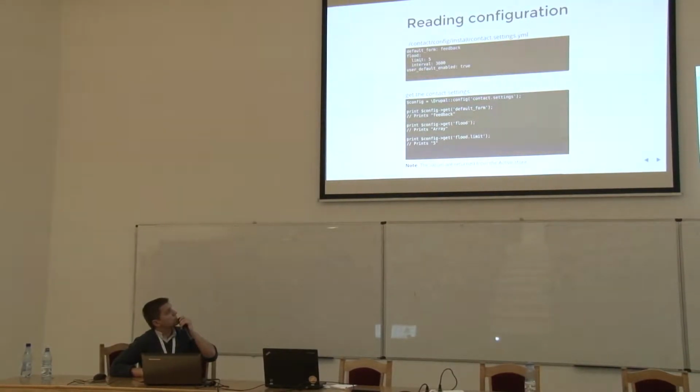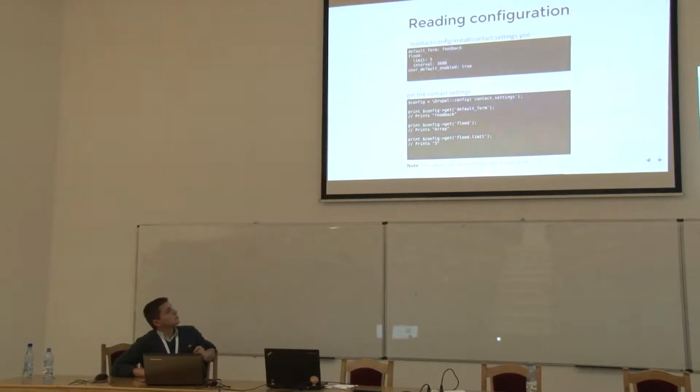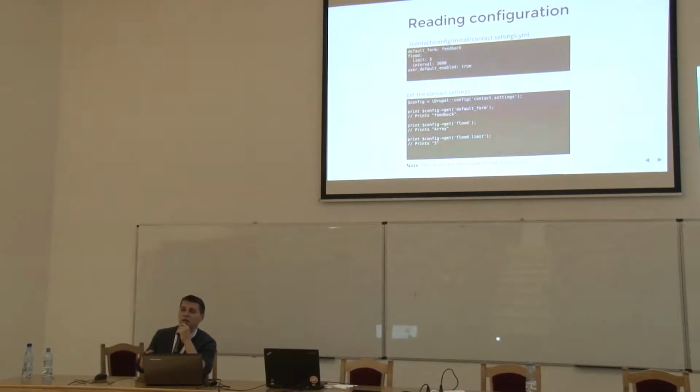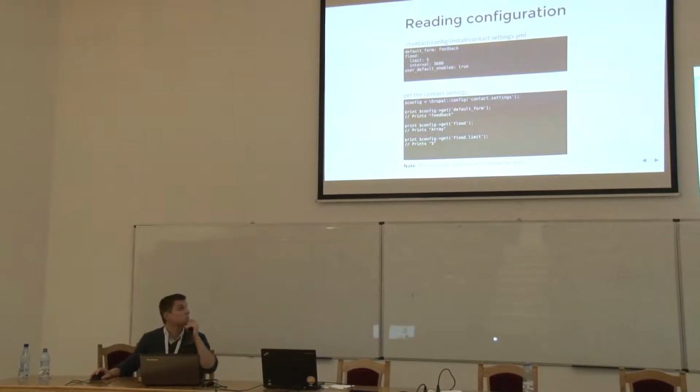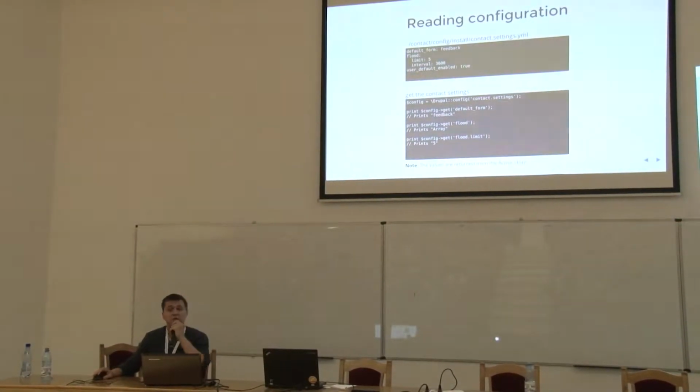So I was wondering if you can just take all the information and put it in config as an array. Well, you have to use the get method to extract that information, and that will actually be an array. So if you use just get, it will give you the whole array from there. Okay, if you don't specify exactly the key you want from there, you will get all. Thank you. You're welcome.